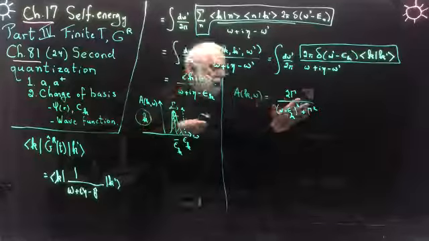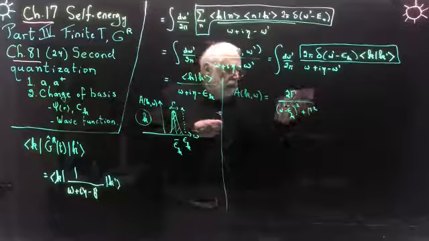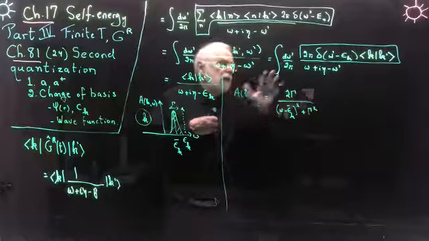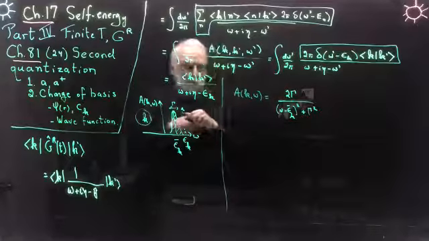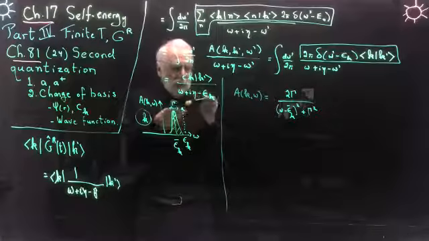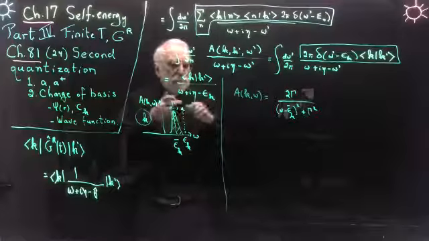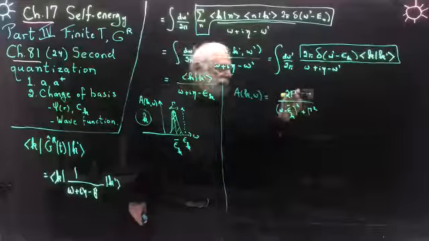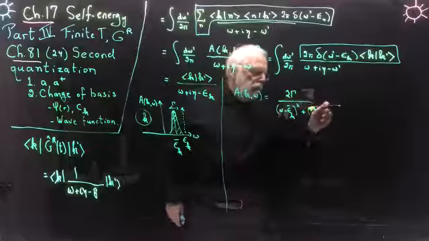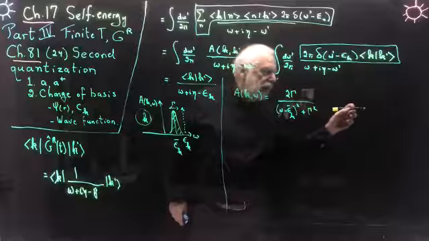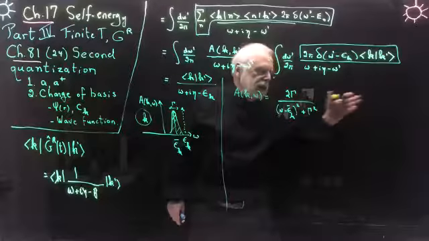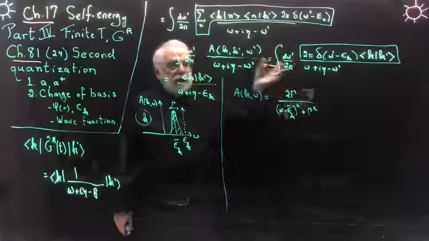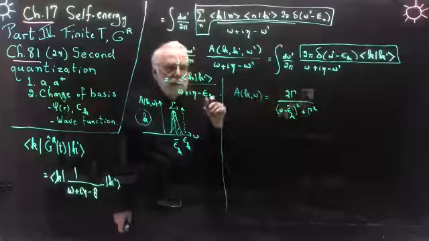So what happens now if I take this A of k and omega and put it in this integral? You have done that in the homework. You can write this as 1 over omega minus epsilon bar plus I gamma and minus I gamma, and then use the residue theorem directly on this.